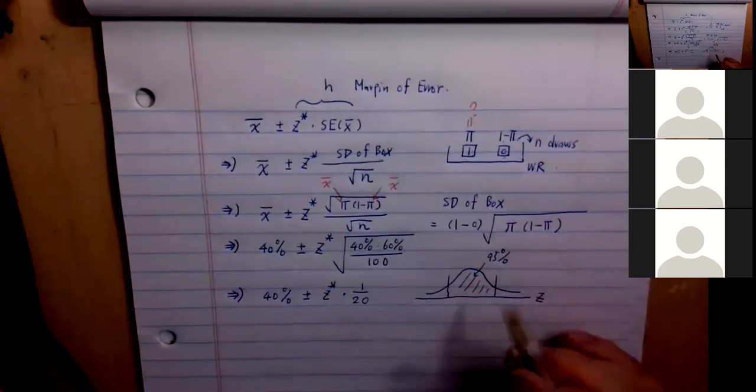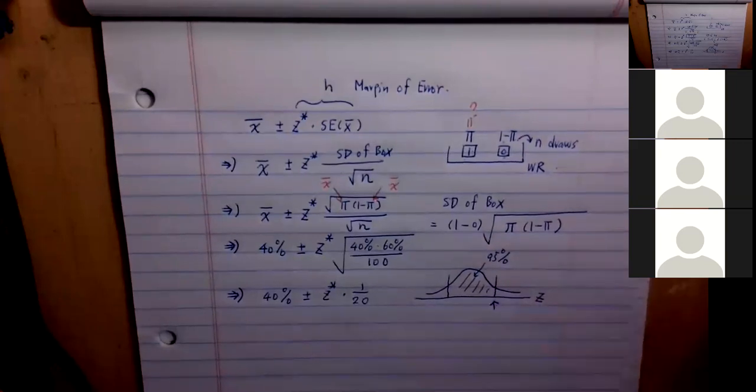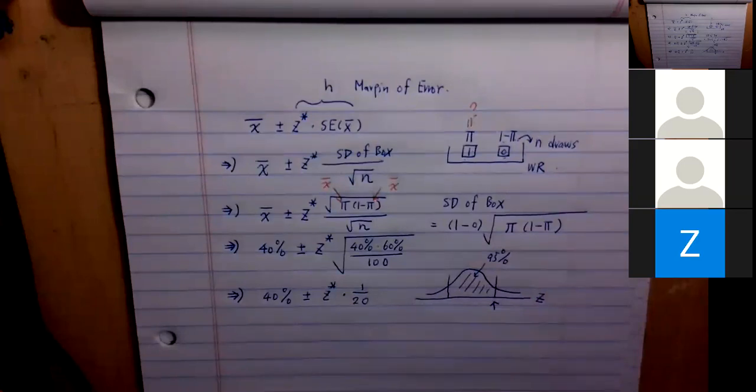When you check the table, what do you find? You still remember what I covered in the YouTube video about this part? Anybody still remember? 1.95. Yep, very good. That's the one I want to hear.